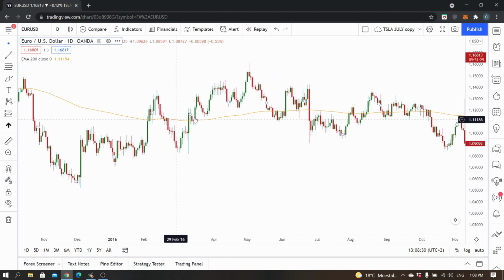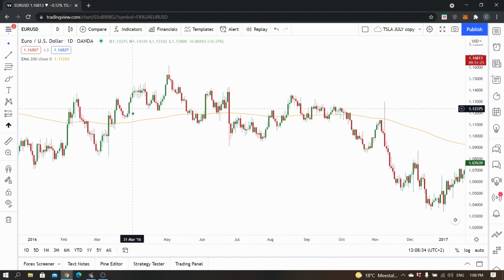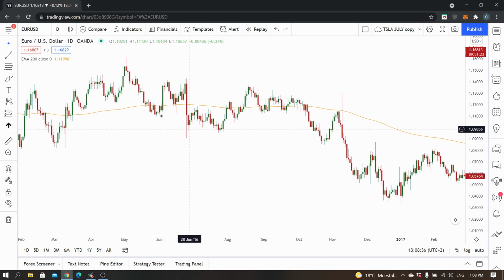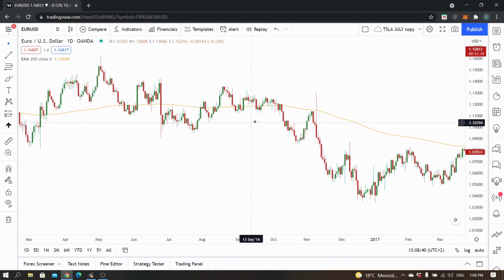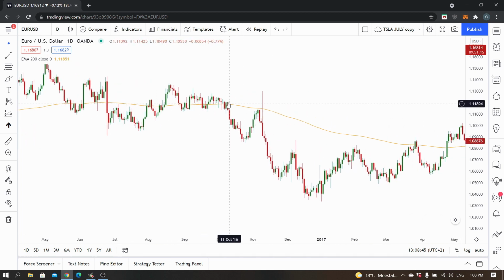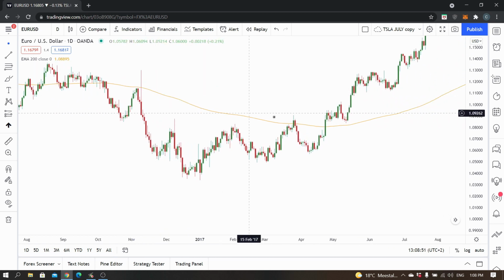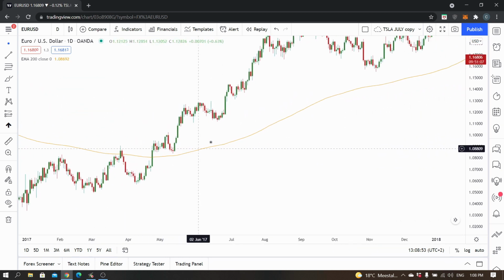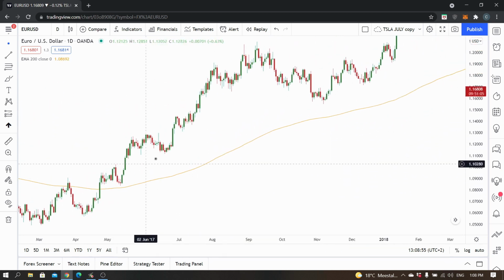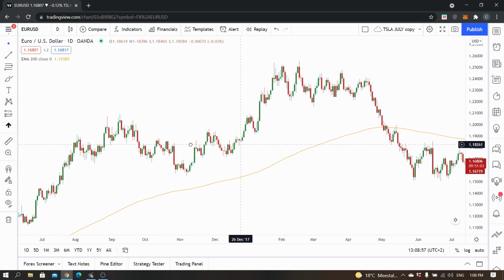Here we can see the 200 EMA is moving through the candlesticks, so a small consolidation again. Still functions as a resistance, support kind of, and a resistance again. And here you can see it once again bounces off of the area. The price is below it again, so a downtrend. Here it is above it again, and you can see a very clear uptrend.